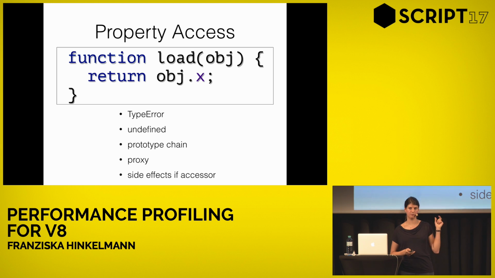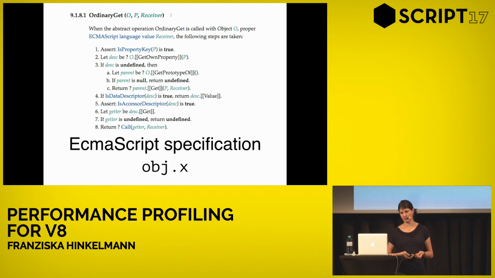So it looks super simple, you do it all the time, but lots of things could happen from a language point of view. And in fact, if you look at the ECMAScript specification for object.x, it's called ordinary get. I don't want you to read all this in detail, I just want to give you an idea. It's like 8 steps just to do object.x, and even hidden in there is this recursion for the prototype chain.